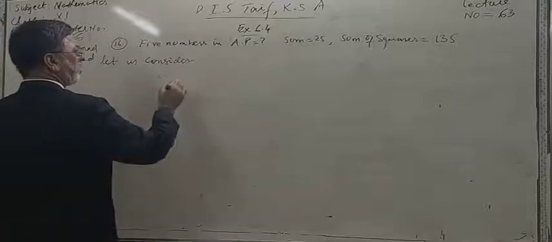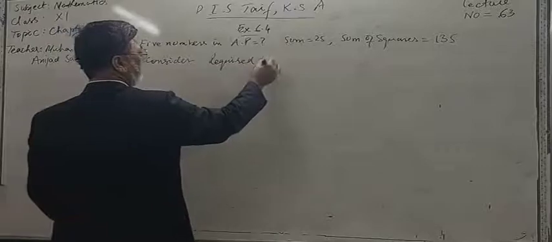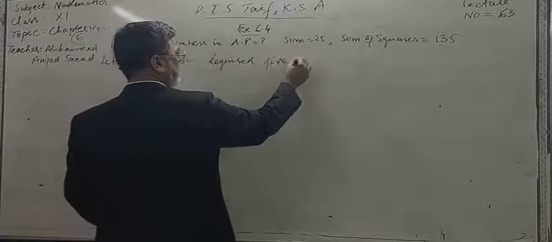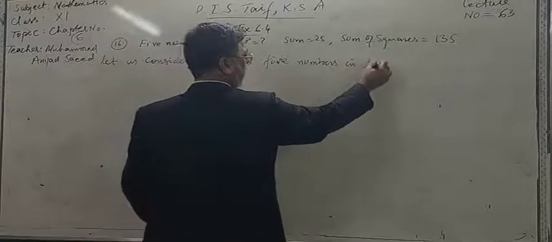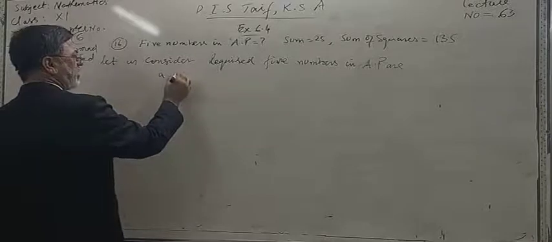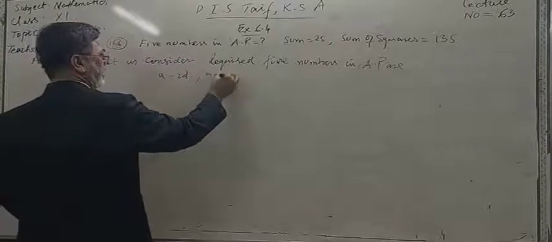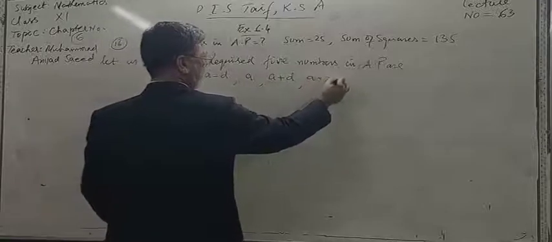Let us consider the required 5 numbers in AP are A minus 2D, A minus D, A, A plus D and A plus 2D.